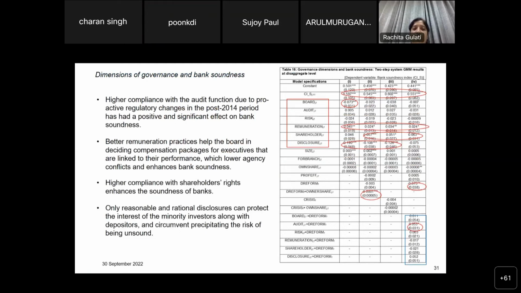Higher compliance with shareholder rights enhances the soundness of the banks. As far as disclosure practices are concerned, we note that only reasonable and rational disclosures can protect the interest of minority investors or shareholders along with depositors and can circumvent the precipitating risk of being unsound in the future.